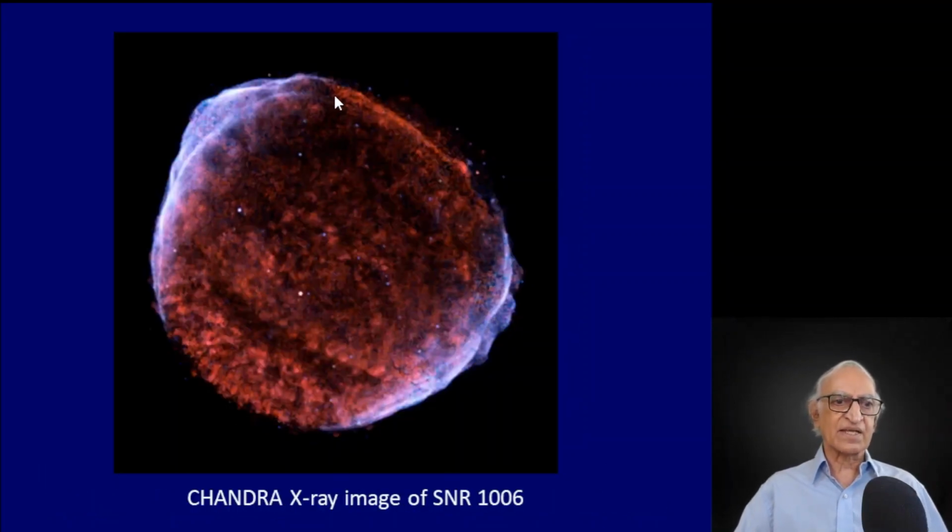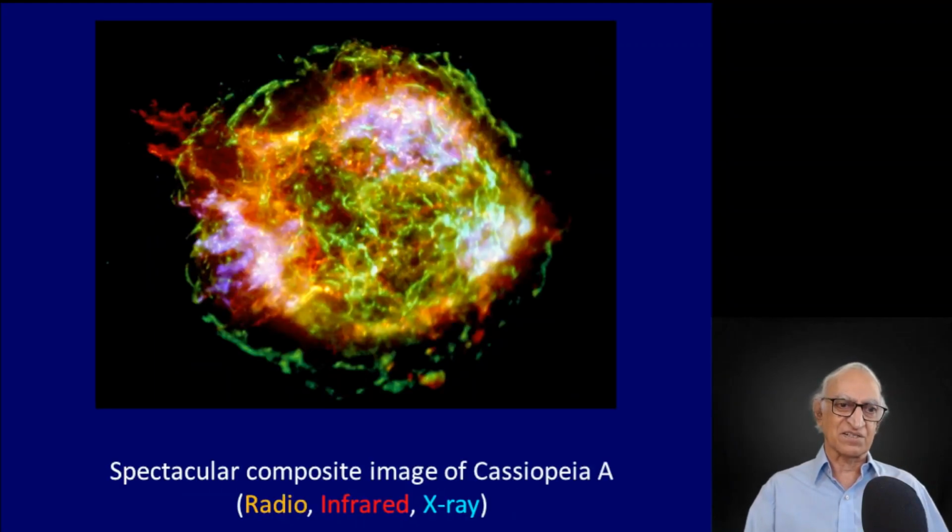Here is the X-ray image, again with the Chandra telescope, of the supernova remnant that exploded in the year 1006, which was described very vividly by Arabian astronomers, if you remember our discussion of the guest stars.